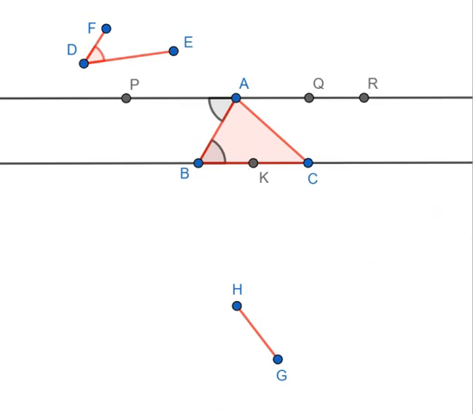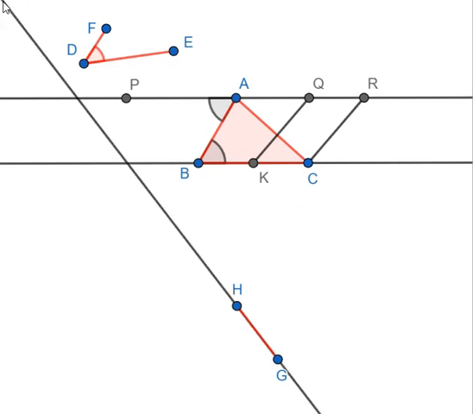Now let's join these points, AQ and RC. Okay, now this parallelogram is equal to this triangle in area. Now we have to construct a parallelogram whose area is equal to this along this line. Till now we have used the previous proposition itself.